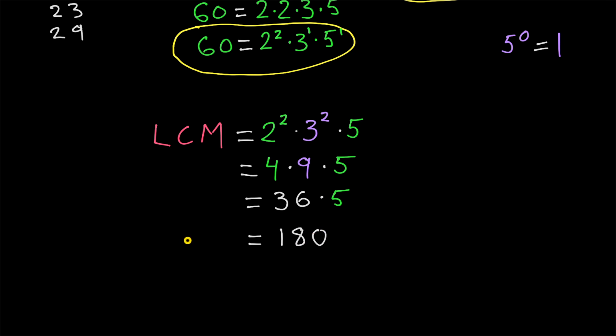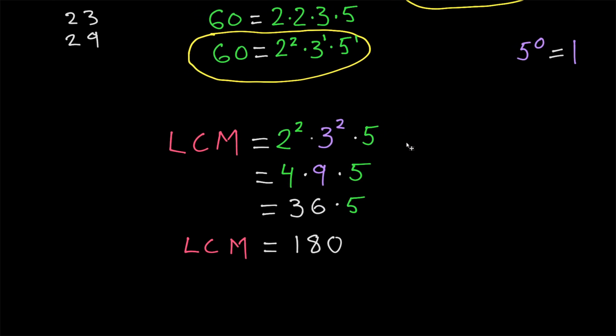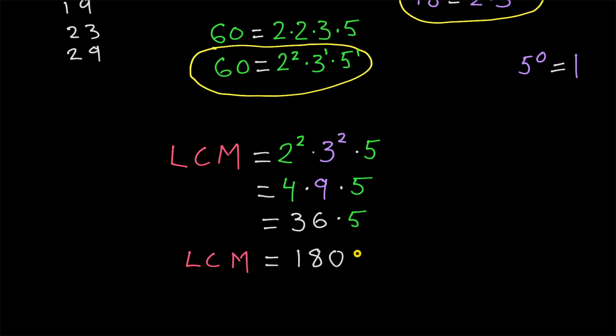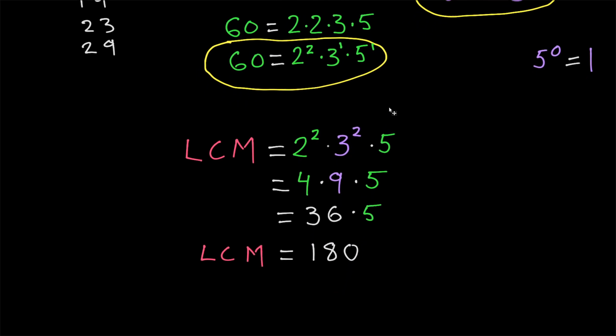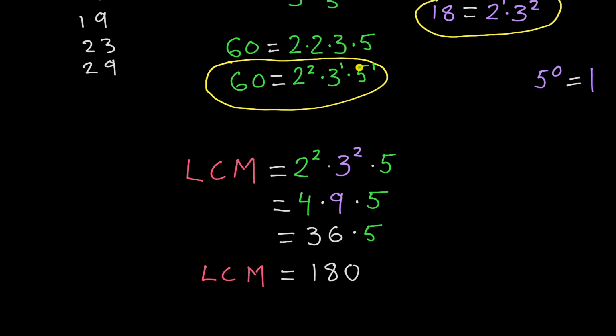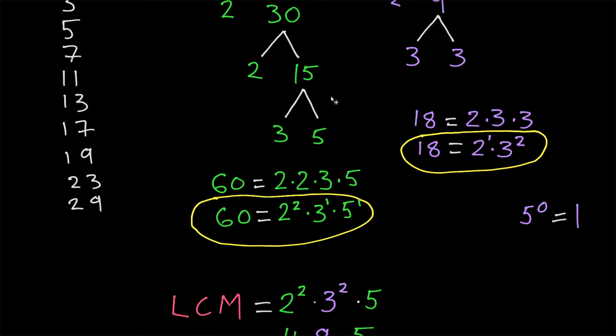So your lowest common multiple is equal to 180. Now, how does this help us? Well, this lowest common multiple of 180 is actually going to be your lowest common denominator in the problem that we are trying to solve.